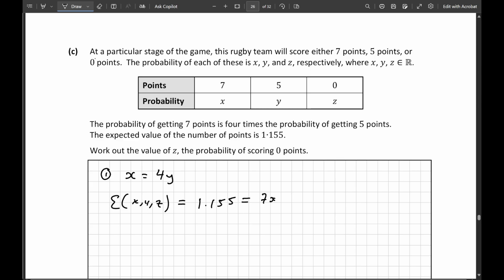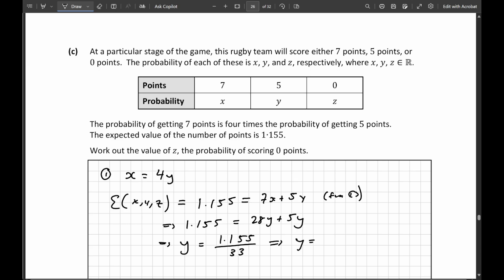7x plus 5y. But x is 4y. So from equation 1, 1.155 equals, well, that would be 28. So 7 times 4 is 28y plus 5y. So y is 1.155 over 33, which is 0.035.